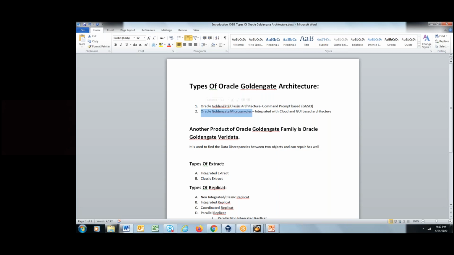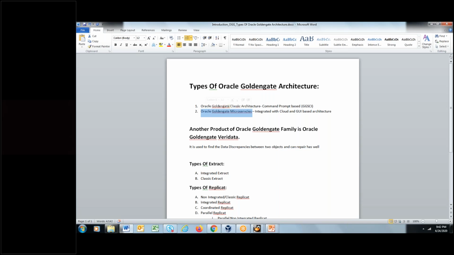It is a RESTful API based architecture, launched keeping in mind the future of GoldenGate, which allows integration with cloud applications and allows you to set up, manage, configure, and troubleshoot GoldenGate through a GUI.